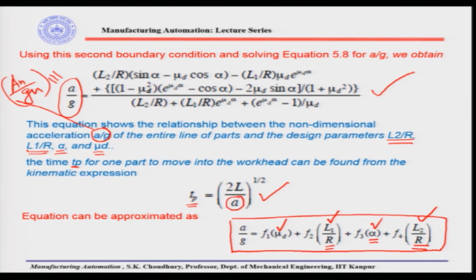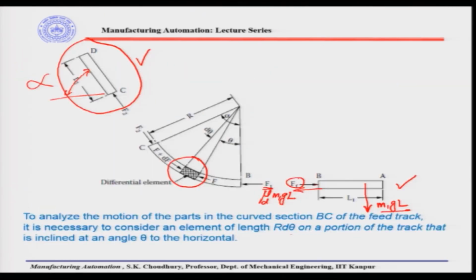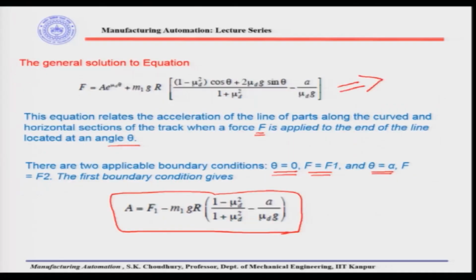So, this is for the horizontal delivery feed track, which once again I will say is not a very big deal. We are just taking the free body diagram of the straight incline and the curved portion, and in each of these we are finding the equation of motion, and then solving them together to get the general solution.